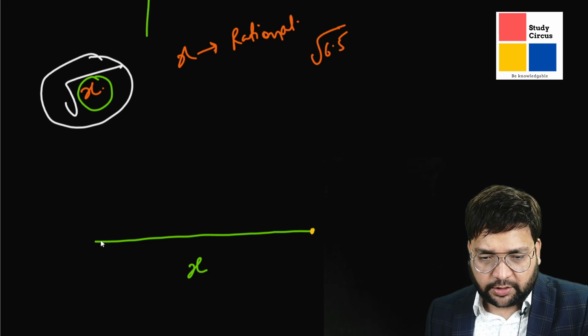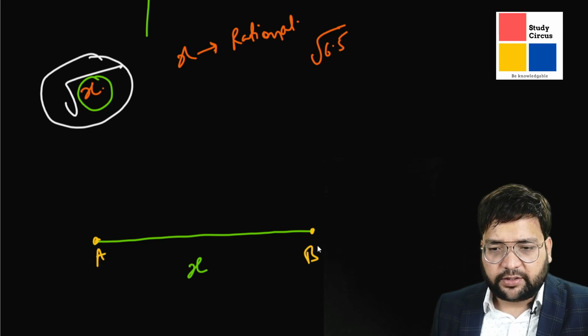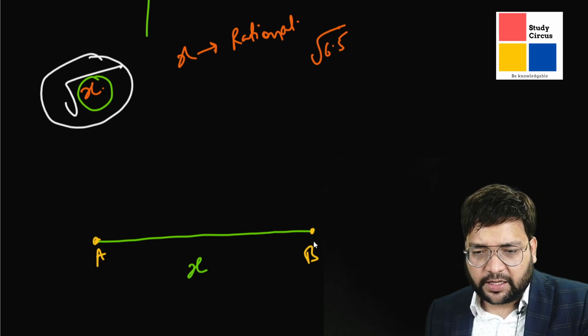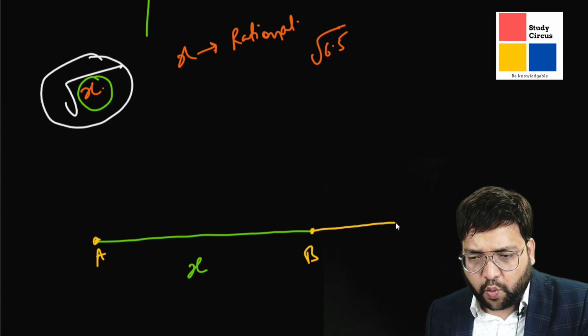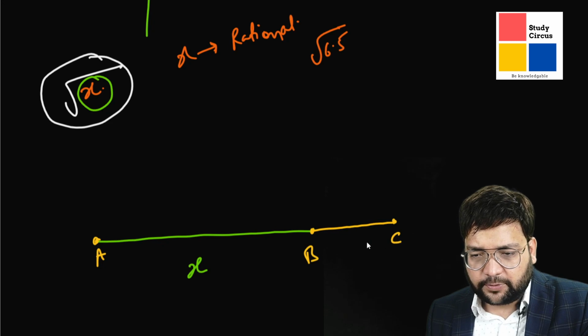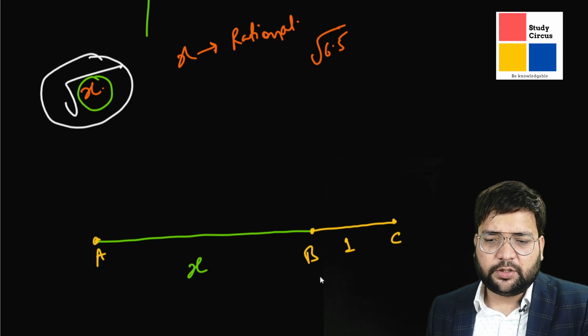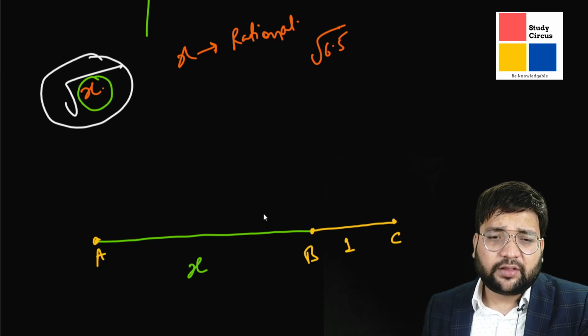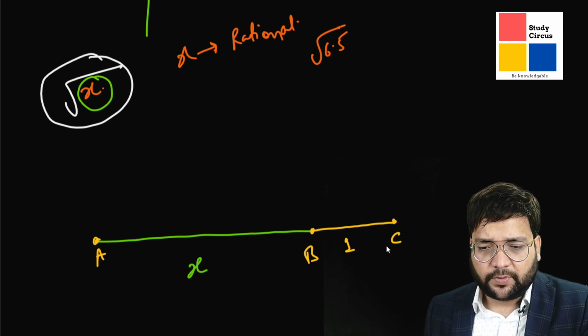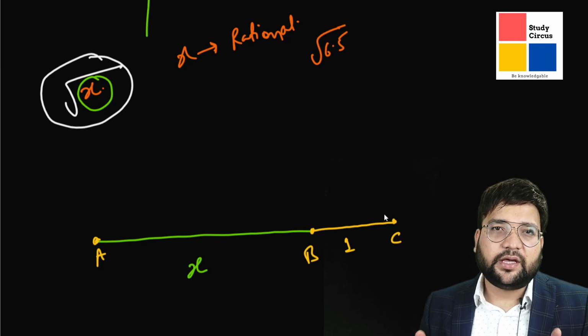Let's say this point is A, this point is B. Extend the line beyond point B by 1 unit. So BC is equal to 1, and AB is the length x, in magnitude.